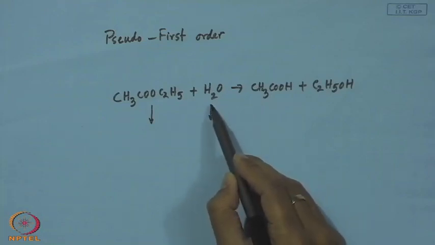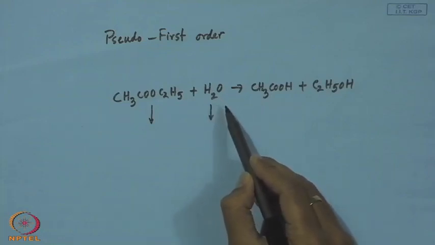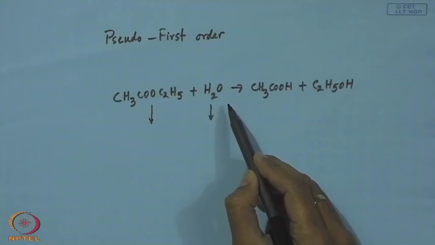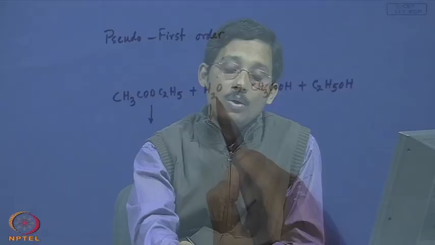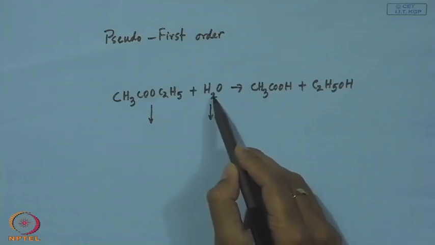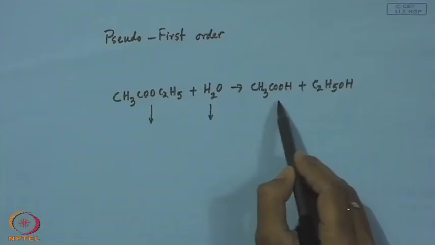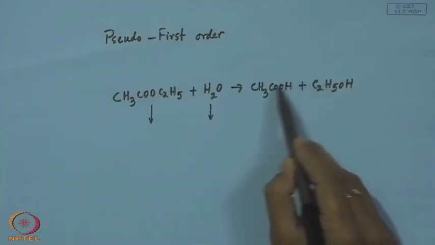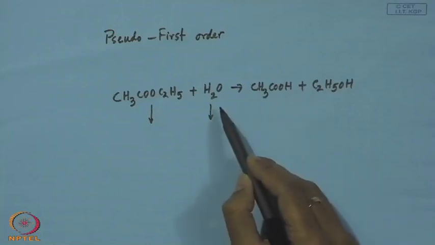Water will remain as it is. Suppose we have used 100 ml of water and we have put 1 ml of ethyl acetate. All 100 ml of water will virtually remain 100 ml, although a very little amount of water will be used up, but virtually the water concentration will not change.